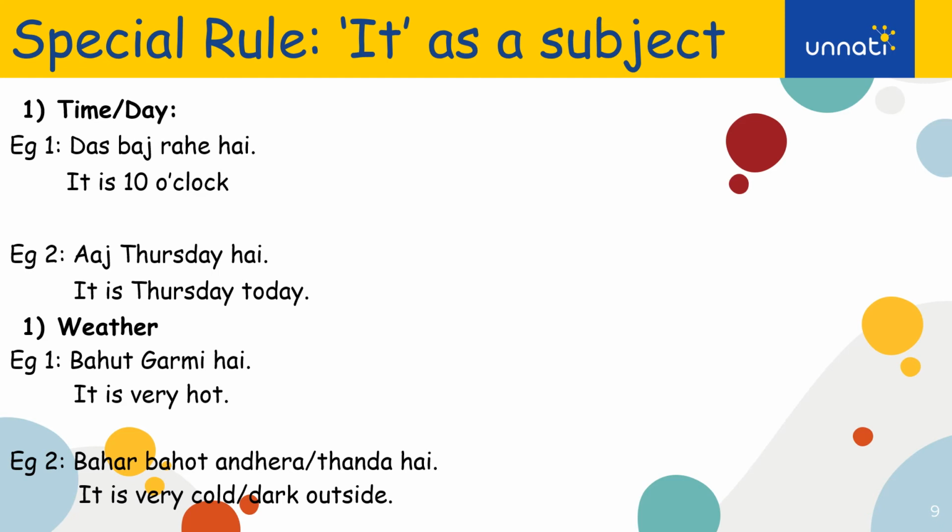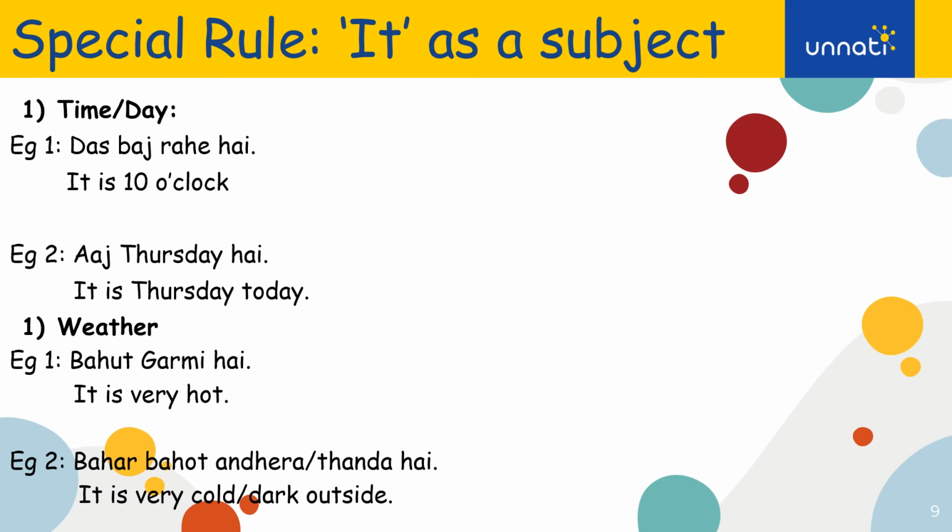It is 10 o'clock, about subject. Right? Similarly, if I want to say आज Thursday है, it is Thursday today. So it is my subject, then I have is, the state of being verb, Thursday today. So this is how we put the state of being verb when it is the subject.